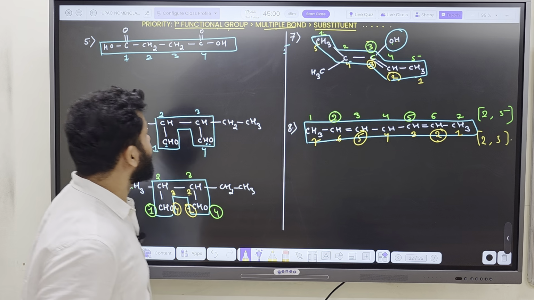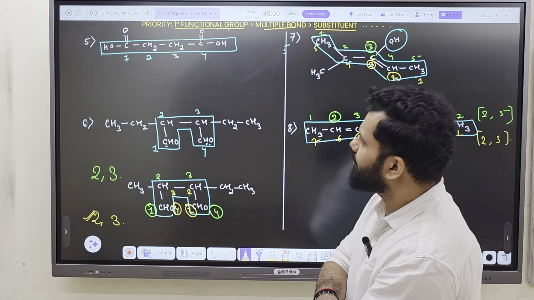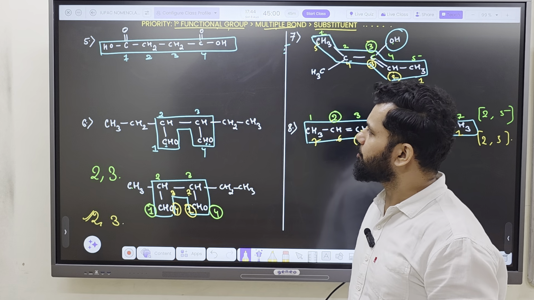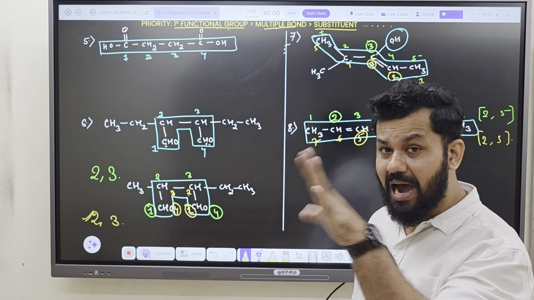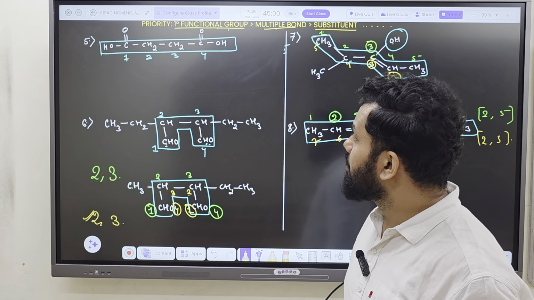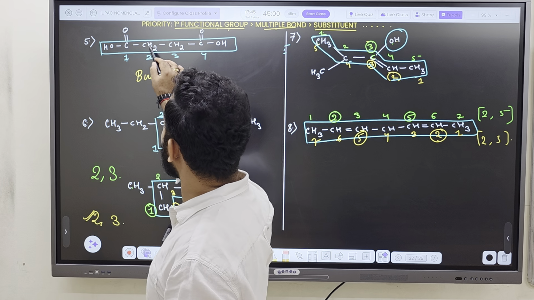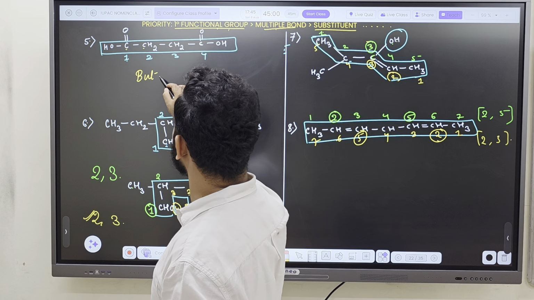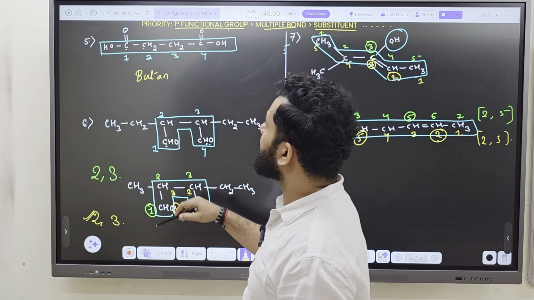Moving ahead. We have already selected the PCC and numbered it. What is the primary functional group? COOH. They are there twice, so it wouldn't become oic acid, it will become dioic acid. How to name it? 1 2 3 4. All are single bonds, carbon connected through single bonds, so ane: butane.